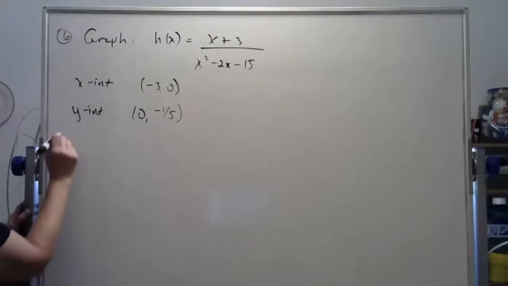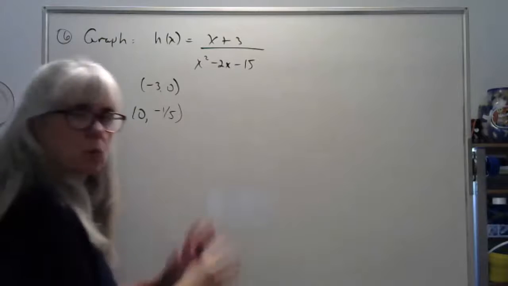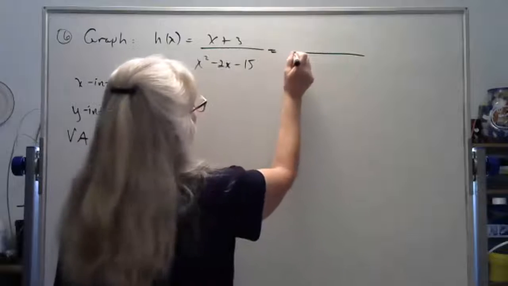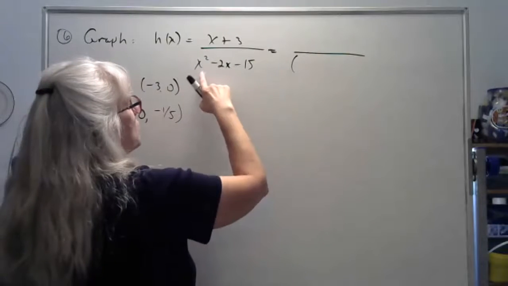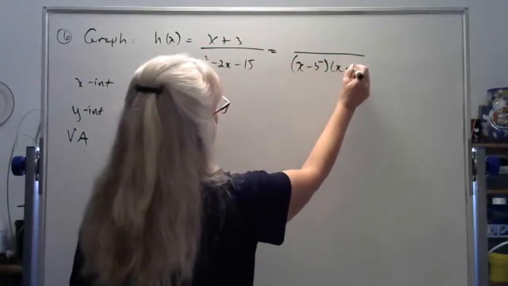Okay, the next step is the vertical asymptotes. Where do they come from? Is it the bottom? Yep. It's the domain. So in other words, where does the function blow up? So to do this, we're going to come in and factor the denominator. Okay, don't write this down because I made a mistake here. If you factor this, doesn't this factor into x minus 5 and x plus 3?